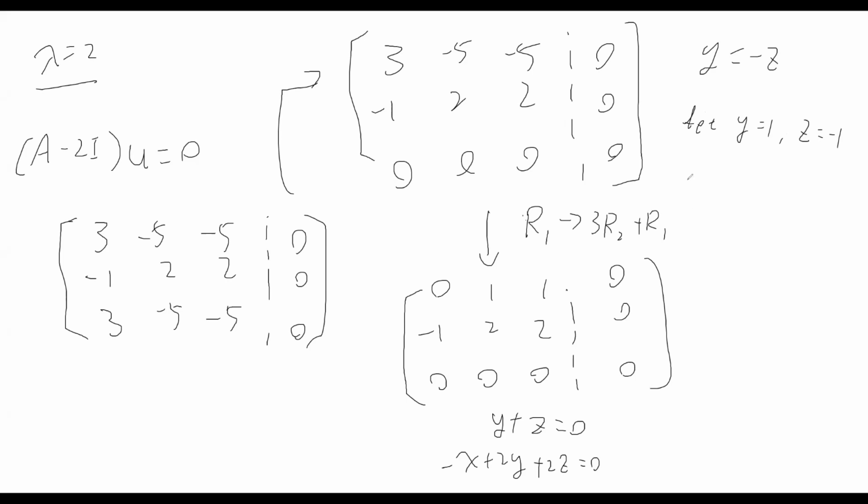All right, plug it into the second equation. I'll get negative x plus 2 minus 2 is equal to 0. So negative x is equal to 0. x is equal to 0, right? So our first eigenvector will look like 0, 1, negative 1.